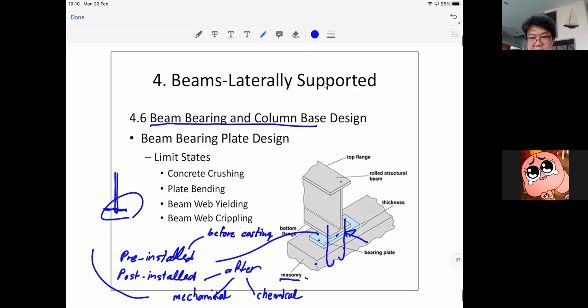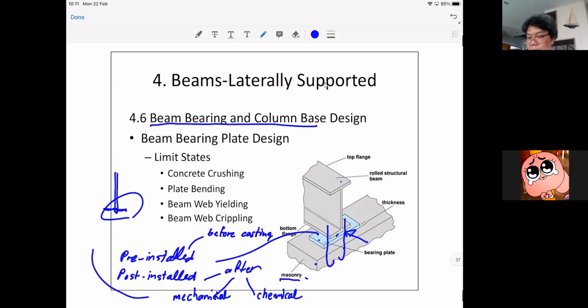But for the pre-install, you need to have very good planning. So you always know ahead of time where your beam is going to be, and therefore you can install that. This will be the case if you have very big main beams that will be attached with the concrete columns, for example.